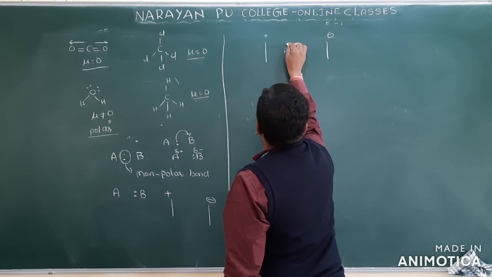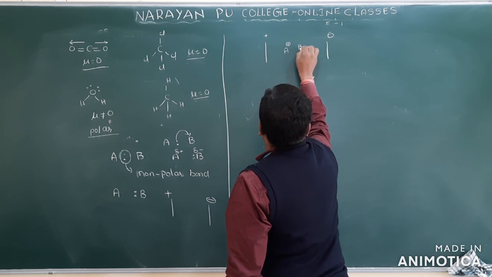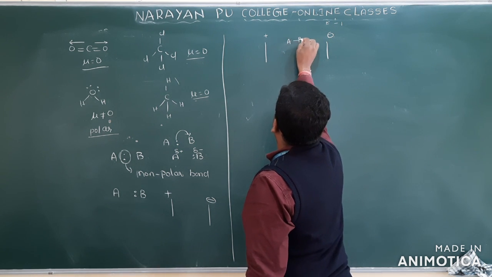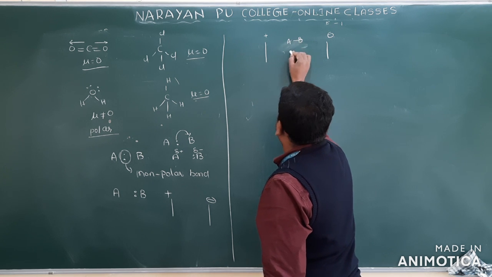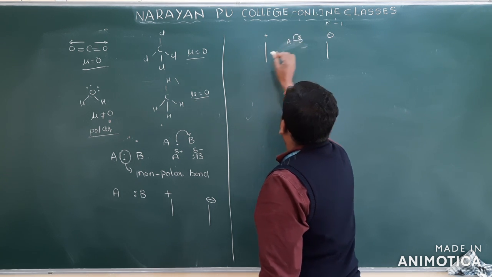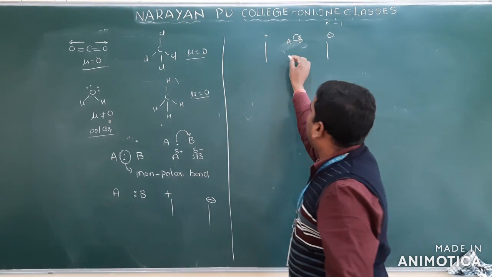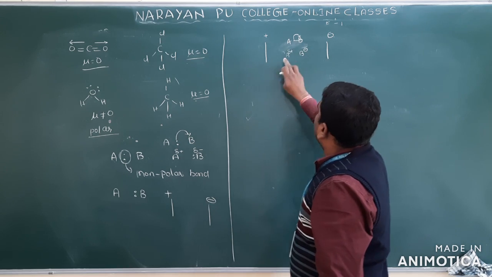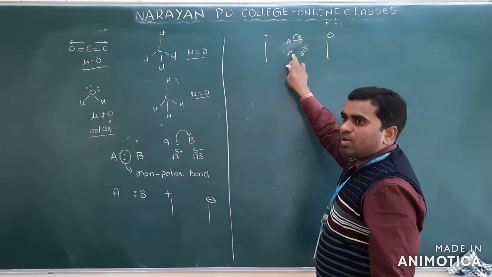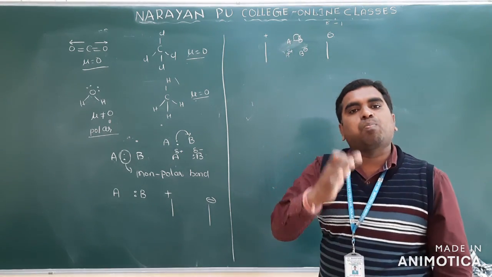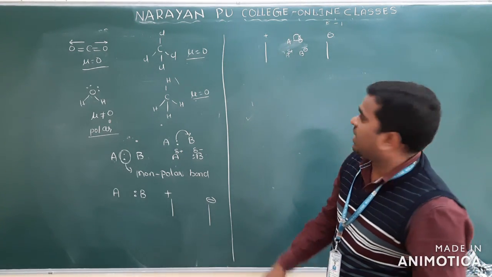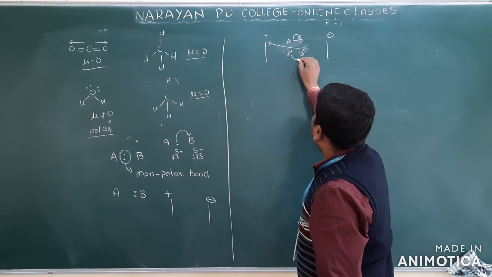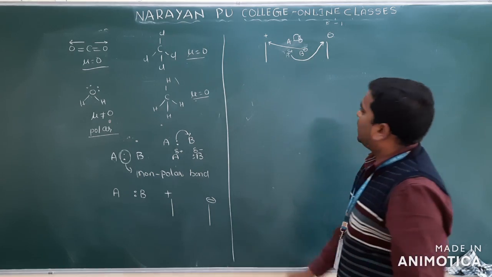If the molecule is polar, suppose AB, the bond electrons move towards the higher electronegative atom, so A gets the positive charge and B gets the negative charge. In the form of poles, the negative charge is attracted towards the positive pole, and the positive charge is attracted towards the negative pole.